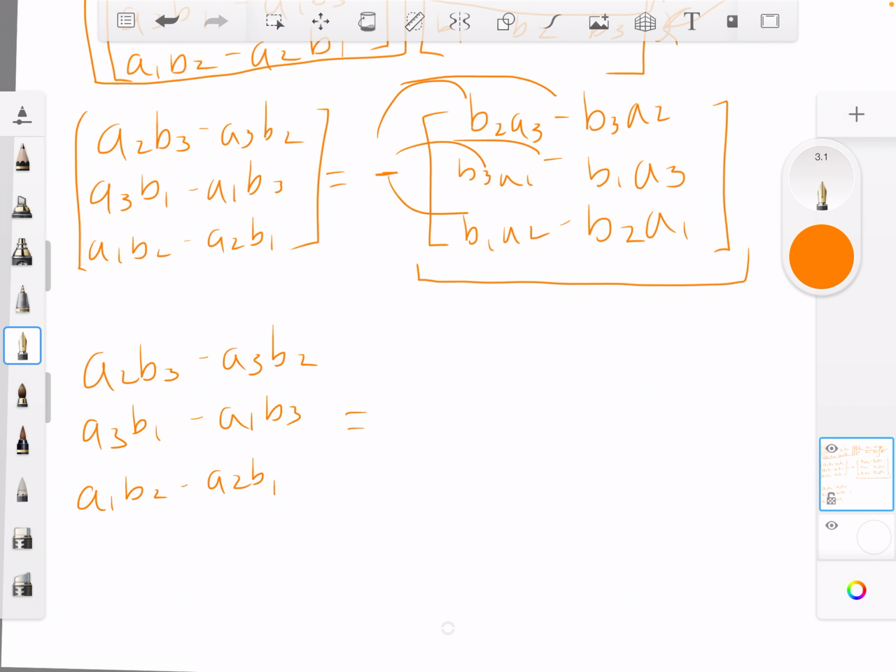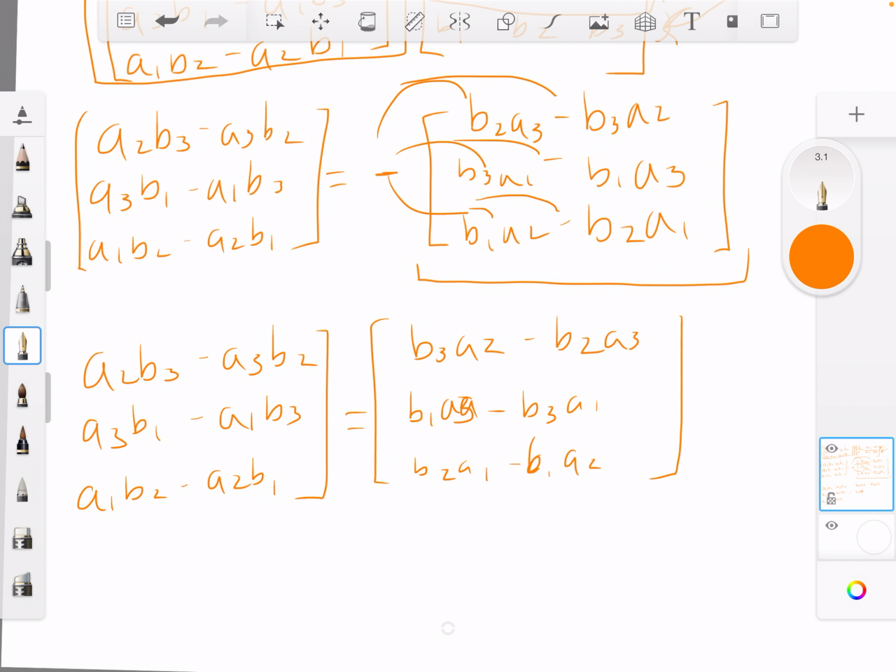It's a bit of an annoying thing. But as we distribute it, we're going to get, let's just rewrite this as B3A2 minus B2A3, and then minus B3A1. This will be positive minus B1A2.